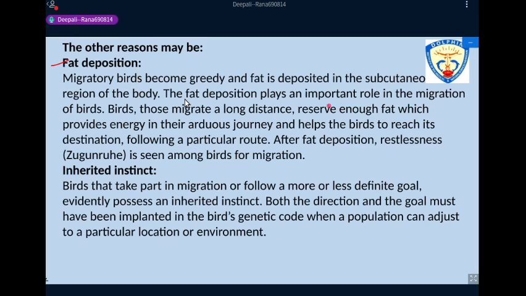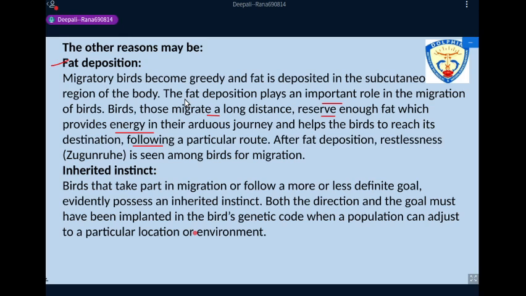This fat deposition plays an important role in the migration of birds that travel long distances, and this fat acts as an energy resource. That means they reserve enough fat to provide energy in their arduous journey and help the bird reach its destination following a particular route. During the journey they are not going to stop anywhere or come to the earth's surface and eat anything.